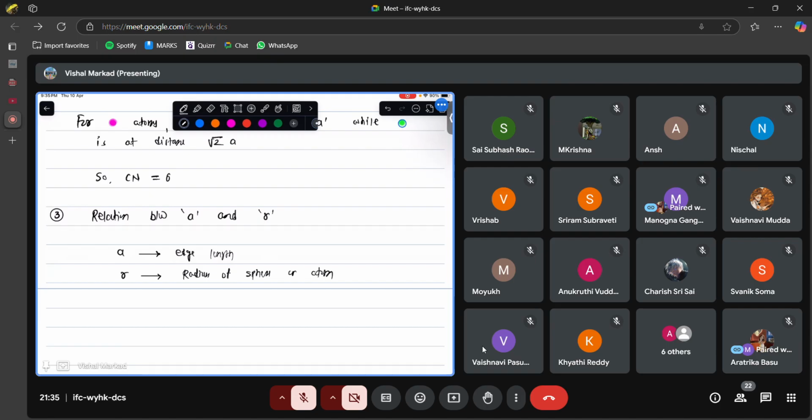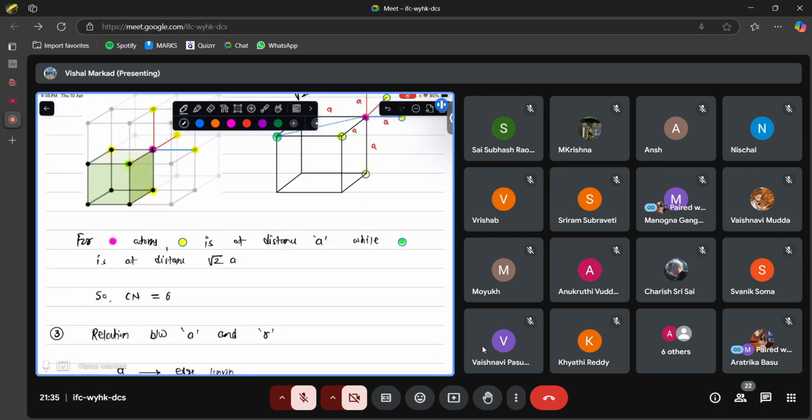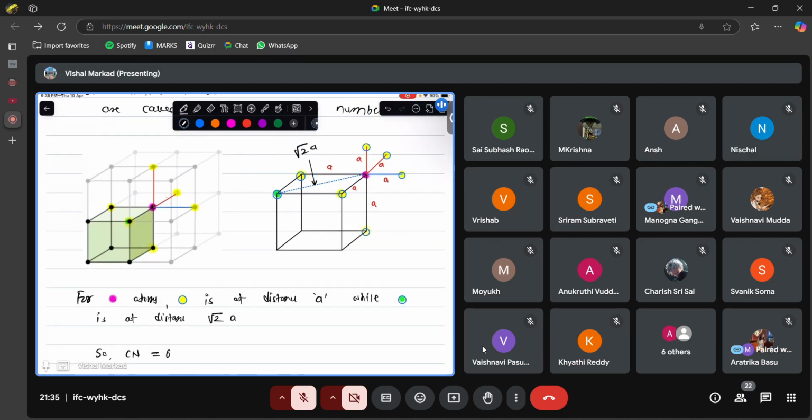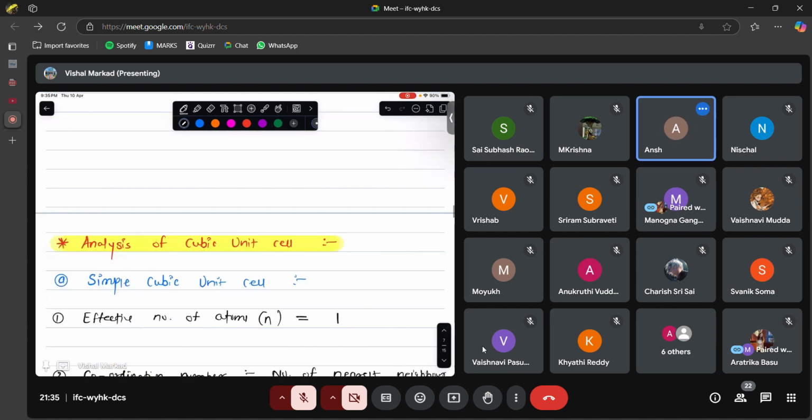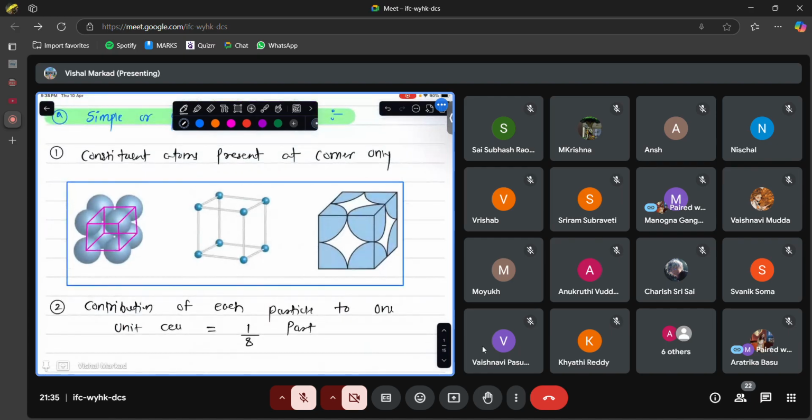Can you tell me what will be the relation between A and R? Which type of unit cell are we studying? Simple cubic unit cell. Now look at here. Simple cubic unit cell. We'll go back here. Look at here. I'm asking about this one.